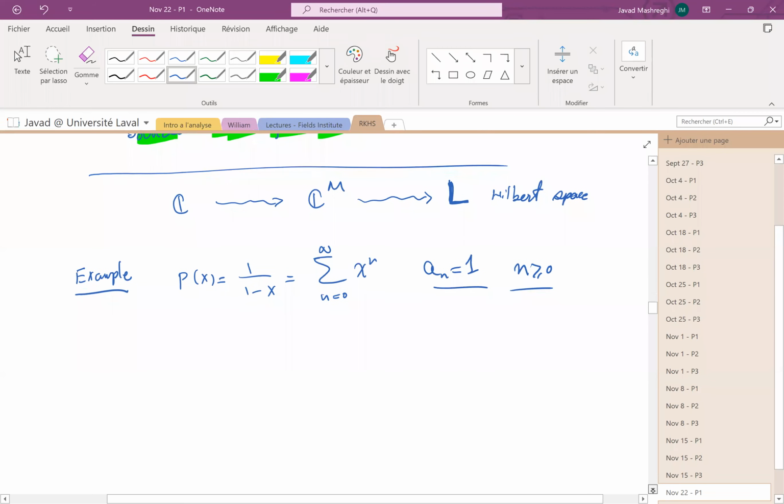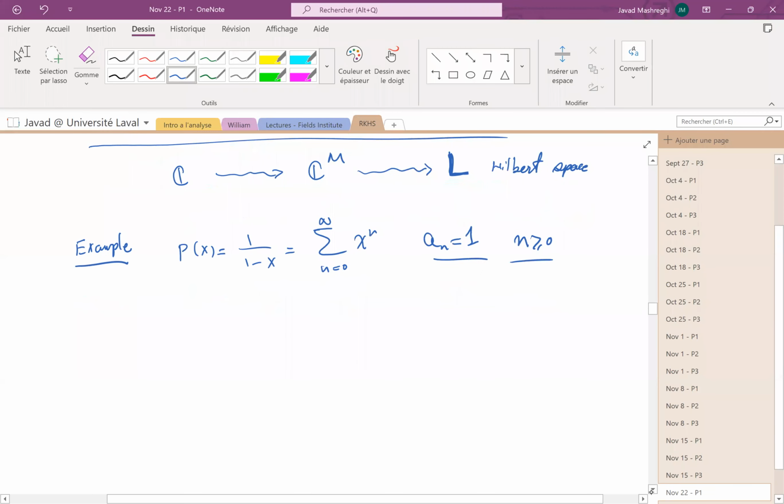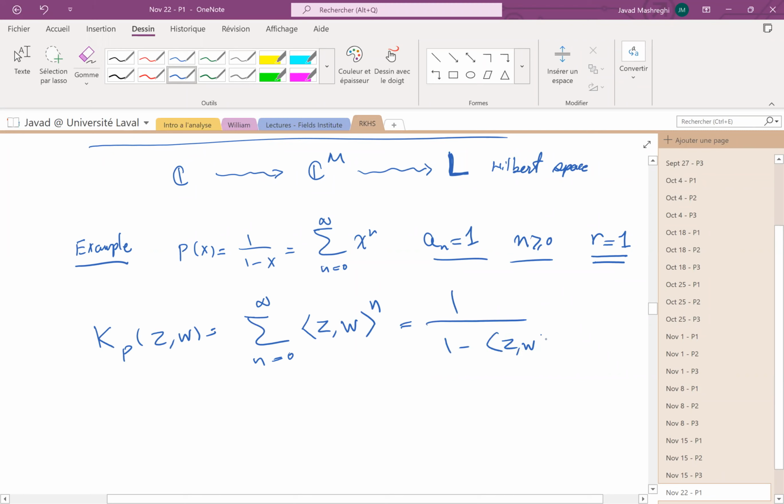So it satisfies the condition of the theorem, and the radius of convergence is equal to 1. So K_P of Z, W is simply the sum of <Z,W> exponent n, or 1 over 1 minus <Z,W>.